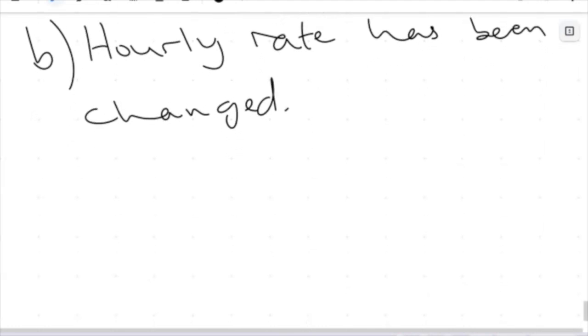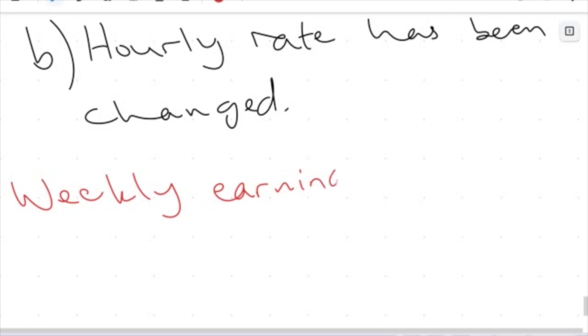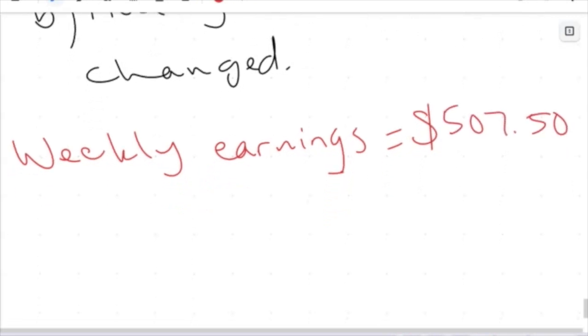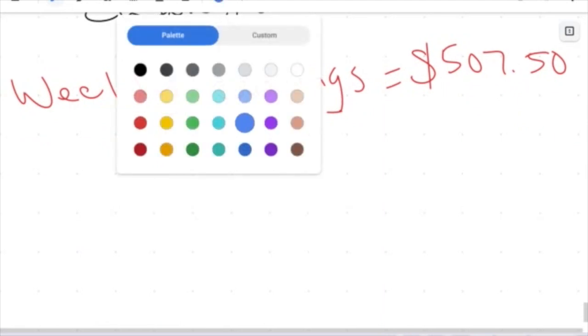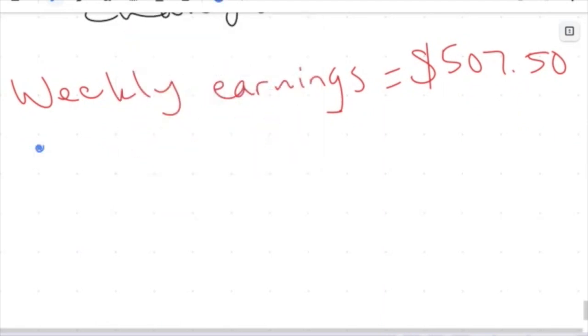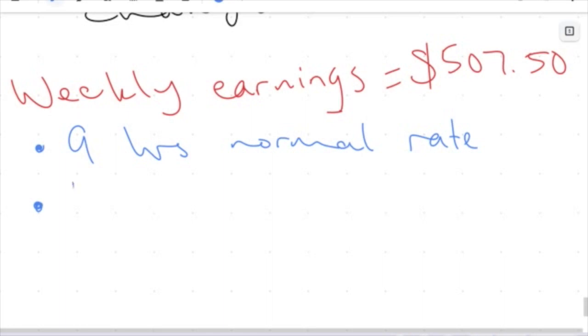So your weekly earnings equals $507.50. And for this week, you have worked 9 hours at a normal rate. You have worked 4 hours at time and a half.